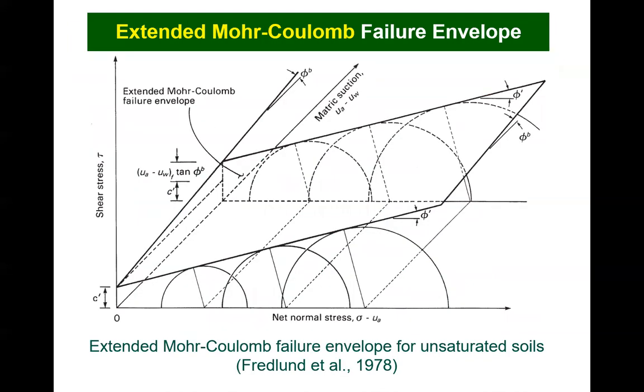Since there are 2 independent variables involved, a graphical representation of the equation will take on the form of a 3-dimensional plot. The axis in the third direction shows that the cohesion intercept is now comprised of 2 components, the effective cohesion, c prime, and the cohesion due to matrix suction.